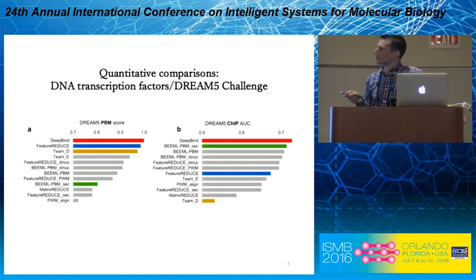And in the left panel, you see the scores. So they trained the model on microarray data, and this is the performance on held-out microarray data. So DeepBind set a new state-of-the-art for this task.